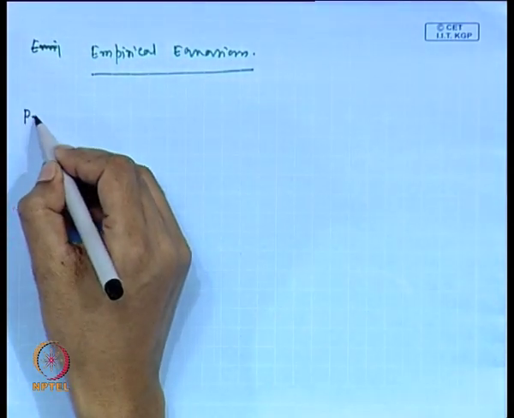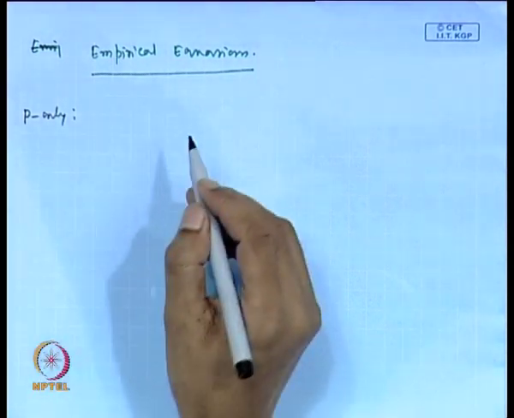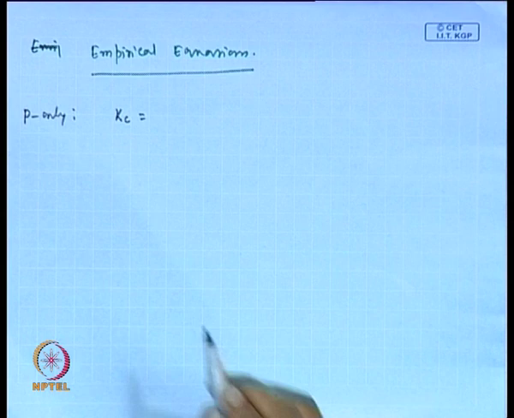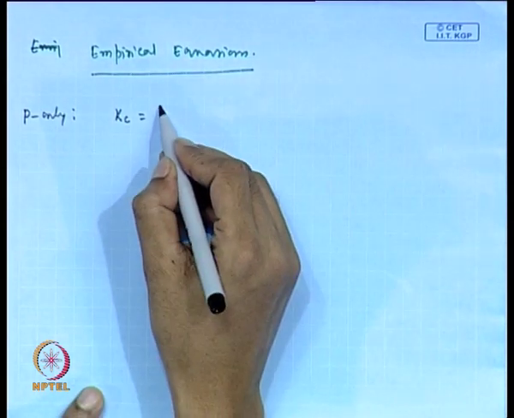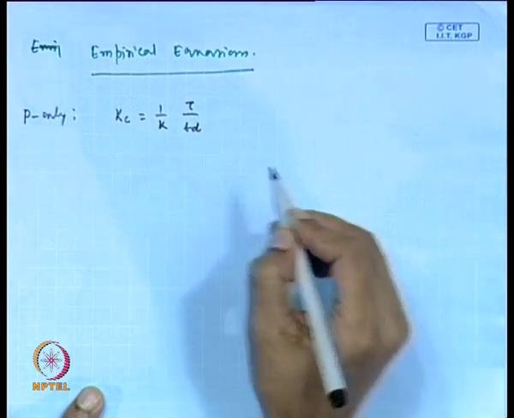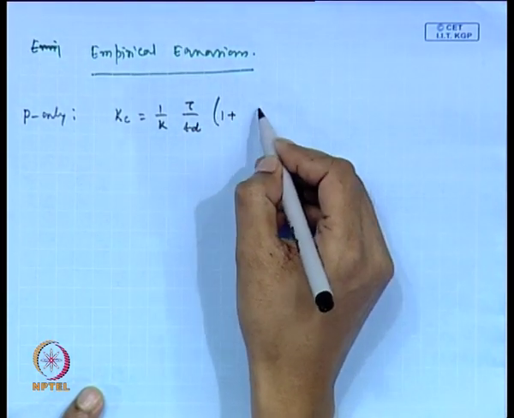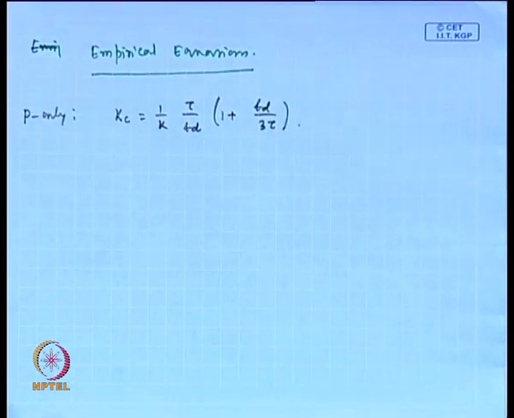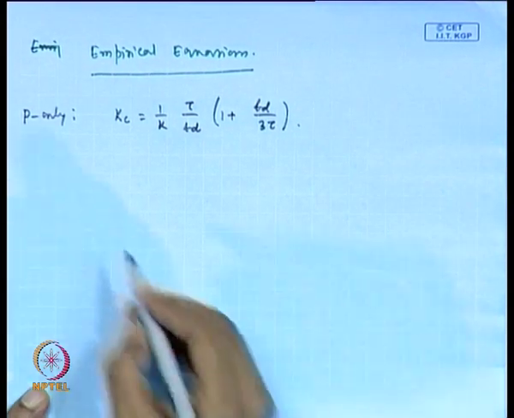For P only controller, they got the expression for Kc, where Kc equals 1 by K, tau by Td, times 1 plus Td by 3 tau.